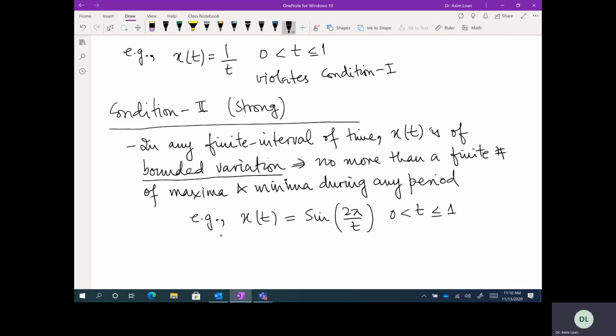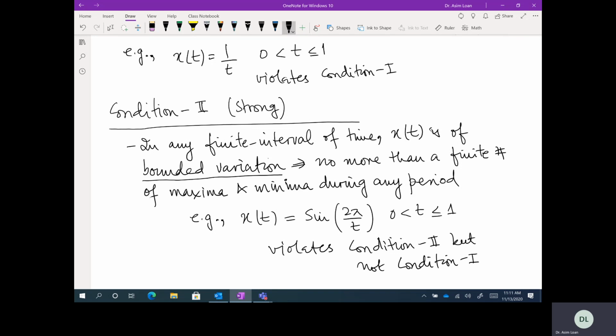This violates condition 2, but not condition 1.